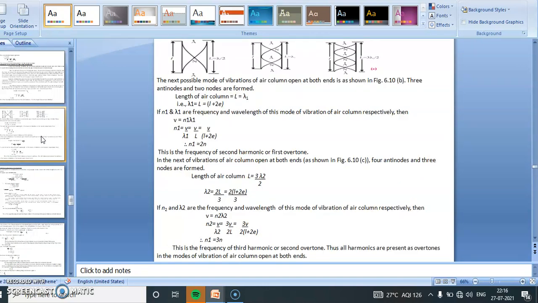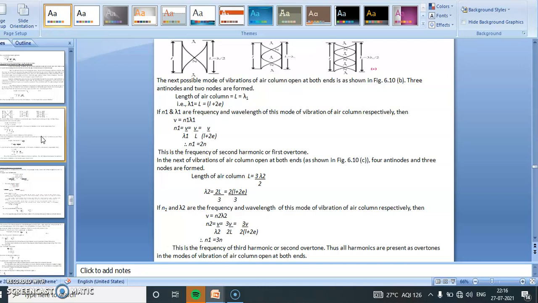Okay. In the second diagram, the next possible mode of vibration of air column open at both ends is shown in figure B. Three antinodes and two nodes are formed. So the length of air column, capital L, is equal to lambda 1. That is, lambda 1 is equal to capital L is equal to l plus twice e.